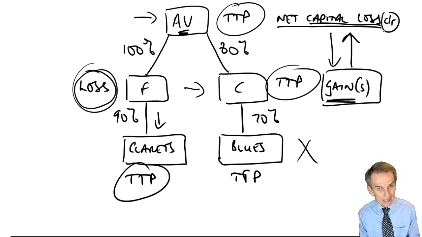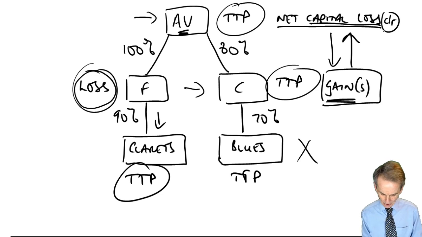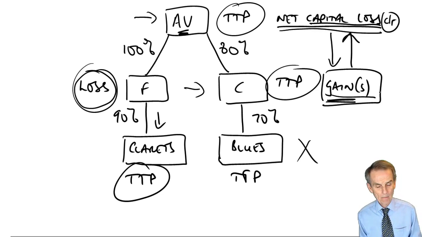We have this claim here that can be made to deem that any part of a capital loss or a capital gain made by one gains group member may be deemed to have been made by any other gains group member or members.